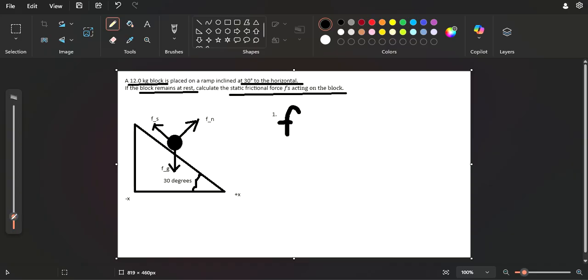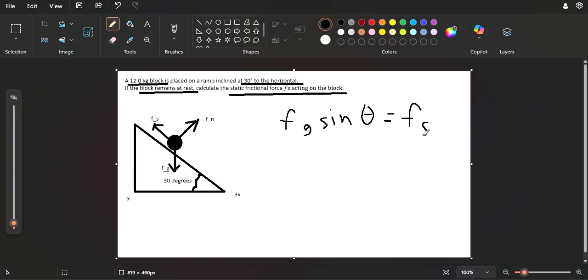So F of G, which in this case is force of gravity, F of G sine of theta is equal to the force of static friction, the static frictional force, which is F of S. And the reason I set it equal to the static frictional force is because, as stated in the problem, the object or the block remains at rest.